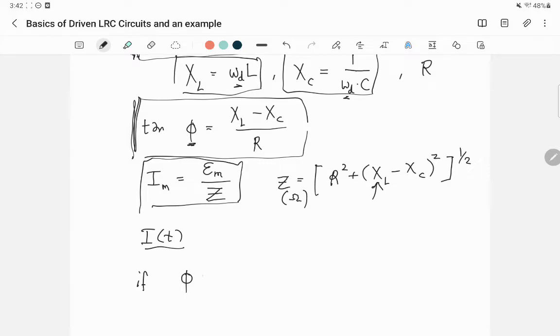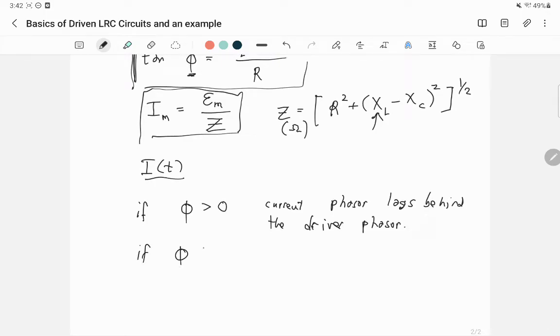So if phi is positive, then this is interesting. The current phasor lags behind the driver phasor.